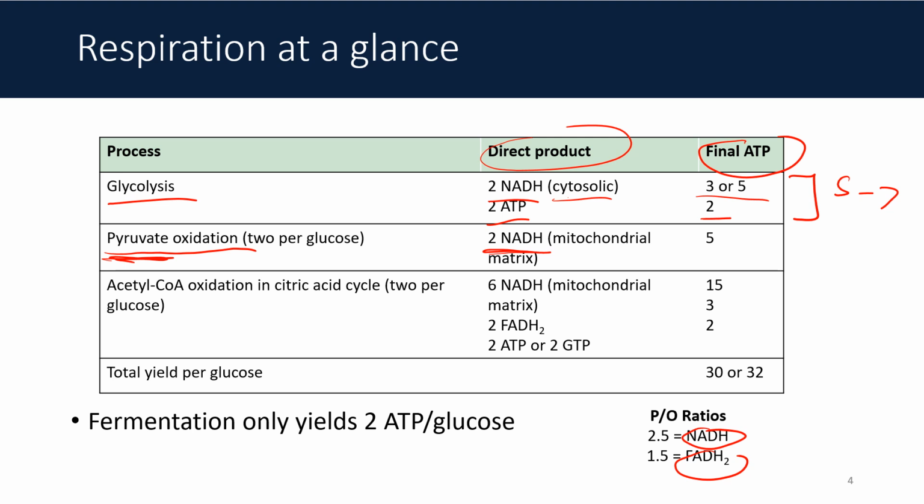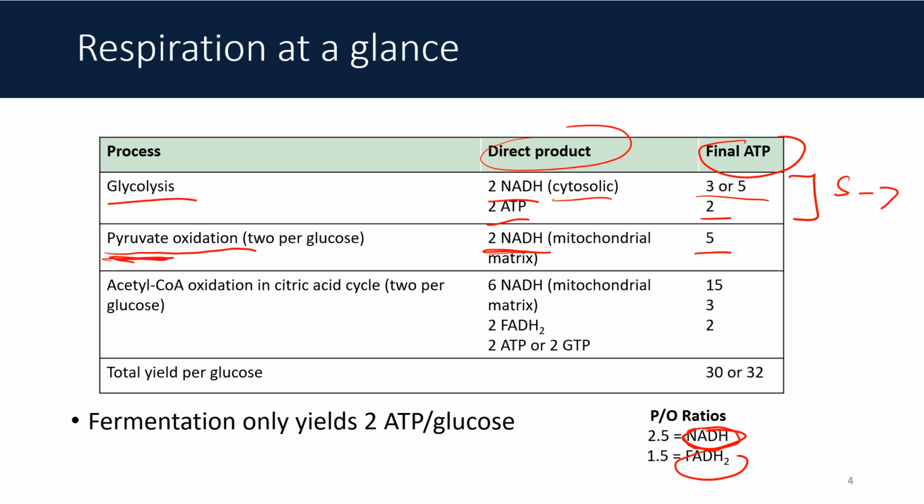So here we can use the PO ratio that we learned last time, where we get 2.5 ATPs for every NADH generated. So 2 times 2.5 equals 5 ATPs made from this step alone per glucose.